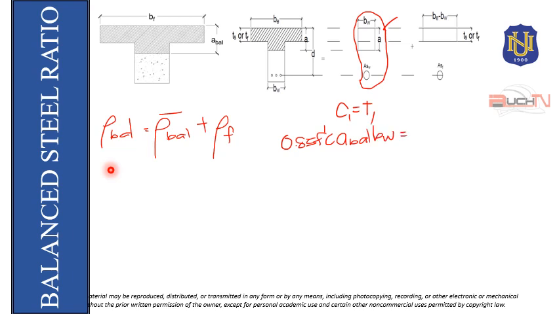is equal to A_sw balance times f_y. Whereas yung A_sw balance natin dyan will correspond to a value of rho balance B_W d. Tapos yung a balance natin will correspond to beta 1 C balance.